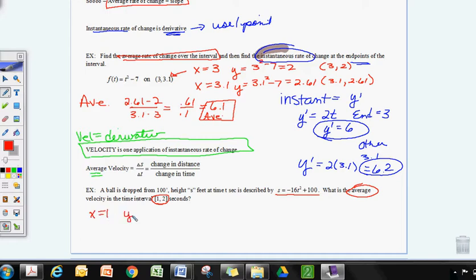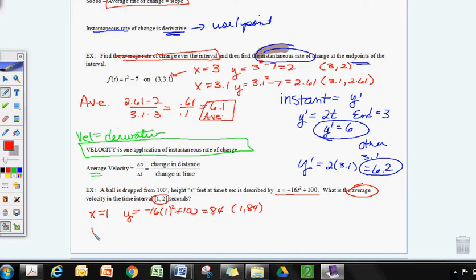My y value would be, when I plug that in, negative 16 times 1 squared plus 100. My y value is 84. That's the point 1, 84.